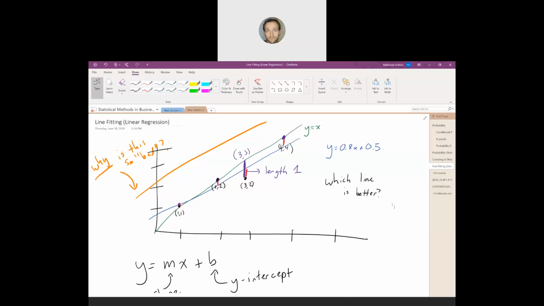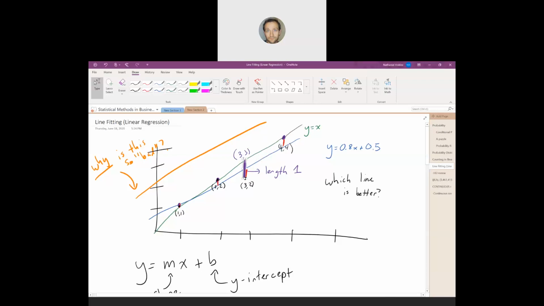So here, even though this green line passes through 3 different points, it could be a worse line because it makes a big mistake on 1 point.